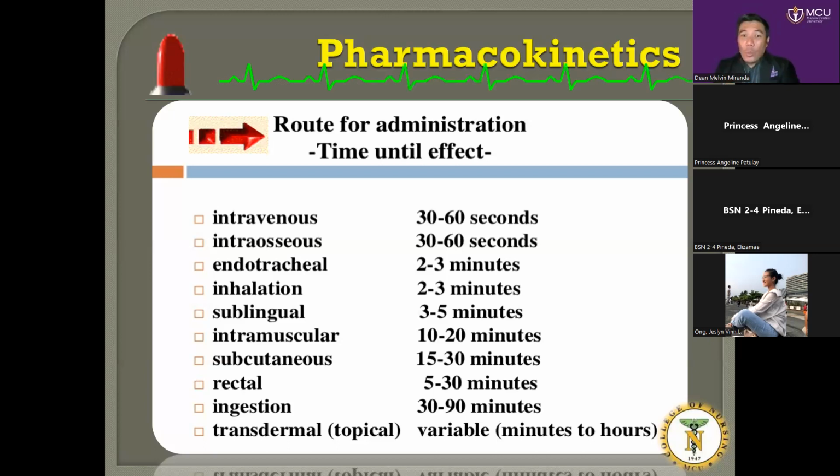So the effect is 2 to 3 minutes. Sublingual, under the tongue, the effect of drugs is between 3 to 5 minutes. Intramuscular, we have 10 to 20 minutes. Subcutaneous, we have 15 to 30 minutes. Rectal varies 5 to 30 minutes.